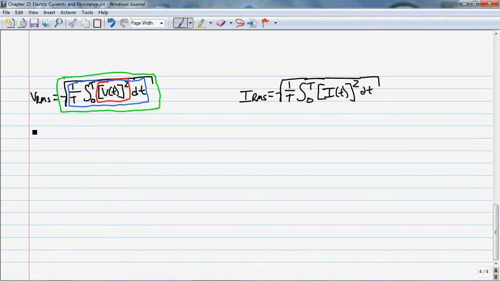So let's do this for a sine wave. So we have Vrms is equal to the square root of 1 over the period times the integral from 0 to the period of A, the amplitude, times sine of 2 pi frequency t, standard sine formula, squared dt.